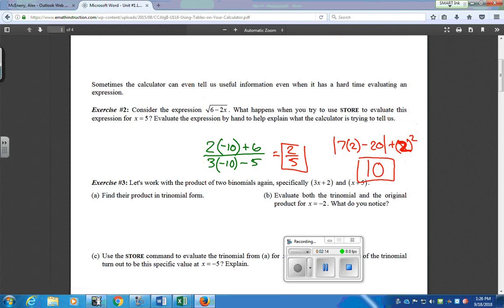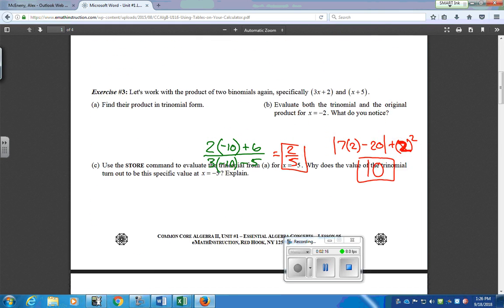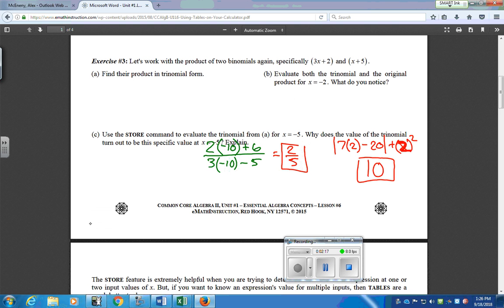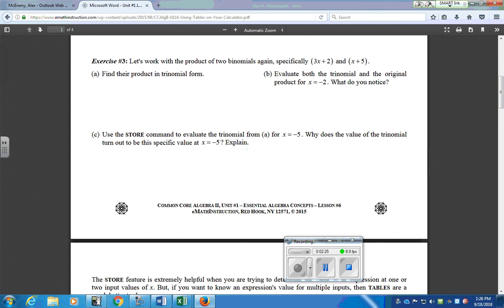Now moving on to exercise 3, and they give us a product question. So they want us to find their product in trinomial form. So we're going to use our array. We can use our 2 by 2 table. We got 3x and 2 and x and 5, all positive.